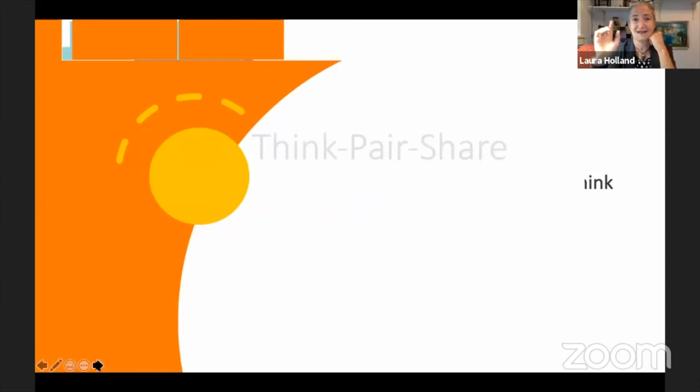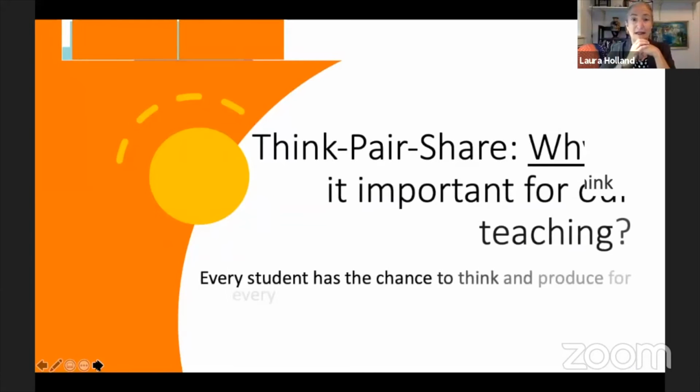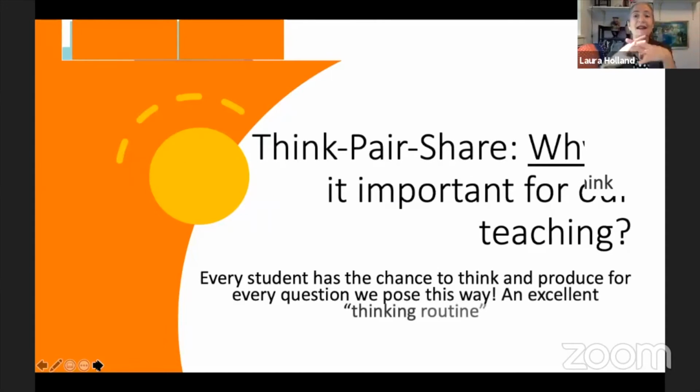And there is another really awesome benefit for it. Why is this important for our teaching? Every student has the chance to think and produce for every single question that we pose this way. And it's an excellent thinking routine. So if we do this, it takes more time. Yes, it does.